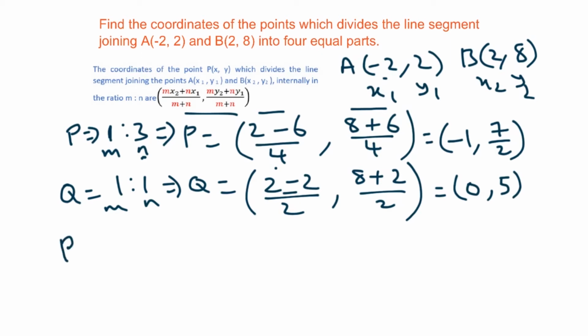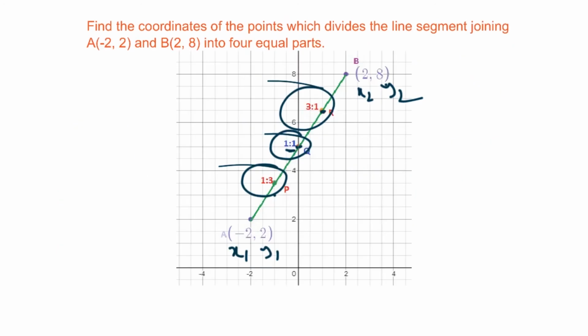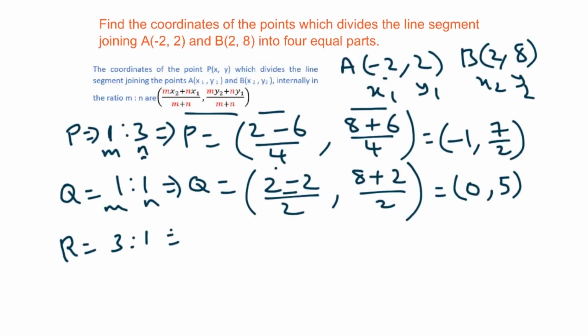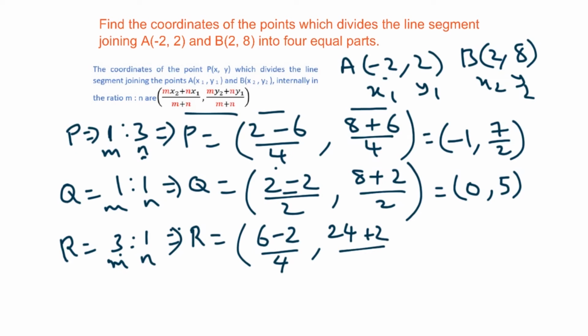Now we will find point R. Point R is dividing the line segment in the 3:1 ratio. Now mx2, 3 times 2 is 6, plus nx1, 1 times -2 is -2, divided by m plus n, which is 4, and my2, 3 times 8 is 24, plus ny1, 1 times 2 is 2, divided by 4.